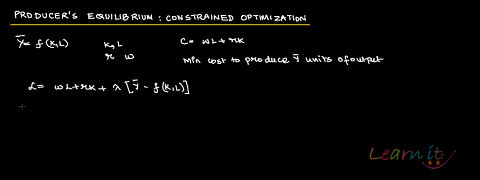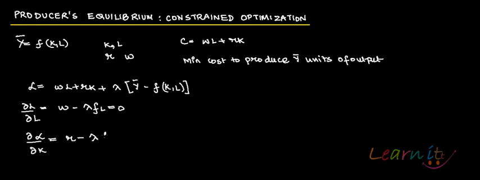So the first order conditions are: del L by del L is W minus lambda f of L equals 0. Del L by del K is R minus lambda f of K equals 0.